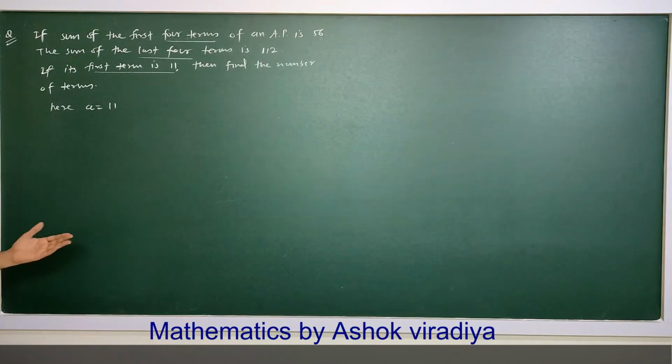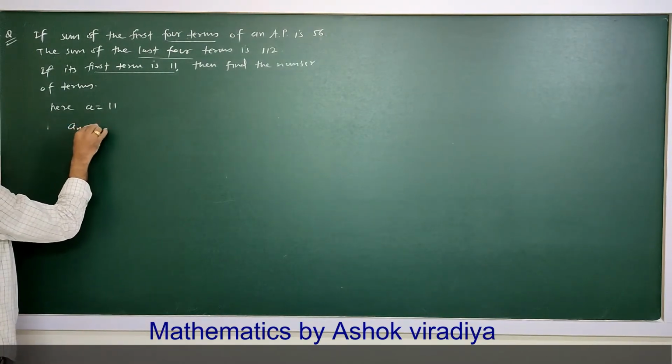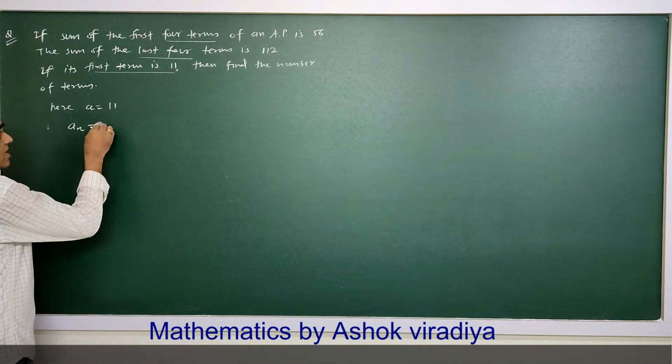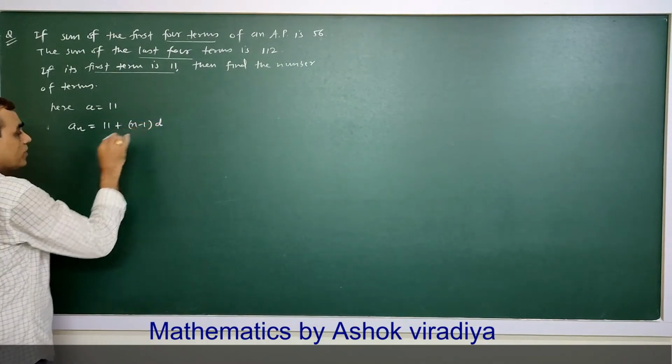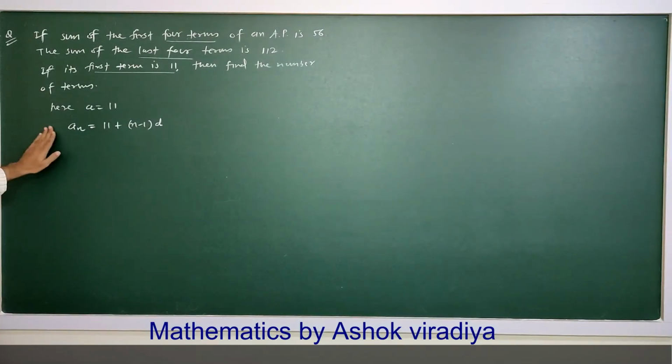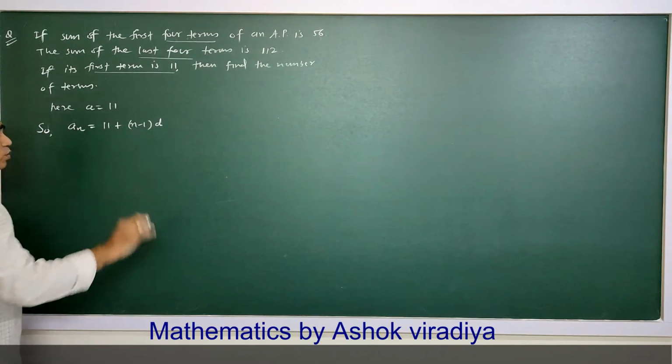Suppose there are n terms in this AP. So let me take the nth term, an, is a plus n minus 1 into d. This is the nth term of this arithmetic progression. So a is 11, so the nth term will be 11 plus n minus 1 into d.